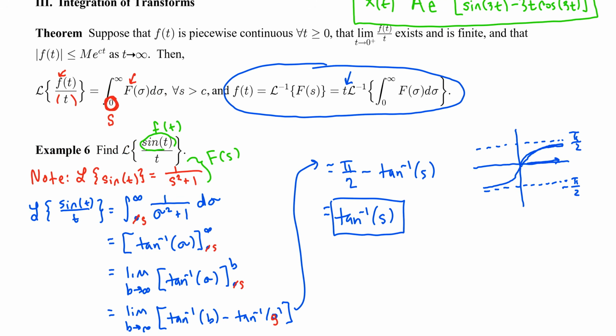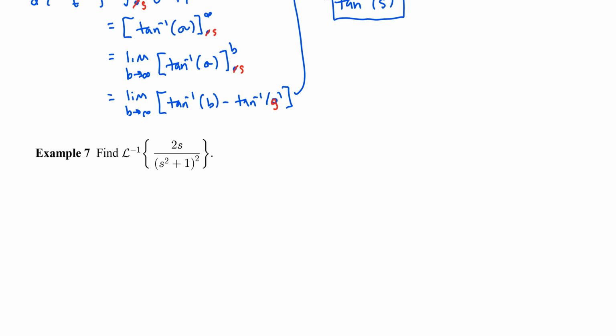We're going to multiply by a factor of t and find the inverse Laplace transform of the integral from s to infinity of big F of sigma. Make sure you get the lower limit s there. So I'm just going to change those s's to sigmas.